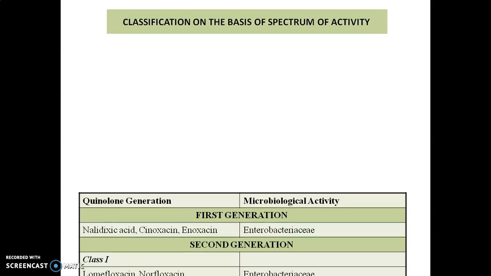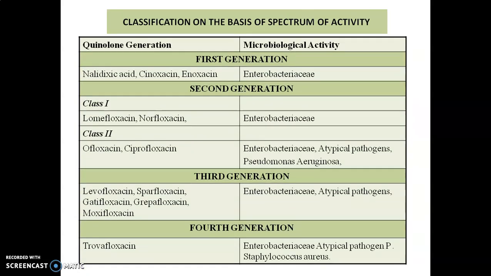Classification of fluoroquinolones. On the basis of spectrum of activity, fluoroquinolones are classified as first generation, second generation, third generation, and fourth generation. First generation fluoroquinolones include nalidixic acid, cinoxacin, enoxacin, and they have activity against Enterobacteriaceae.